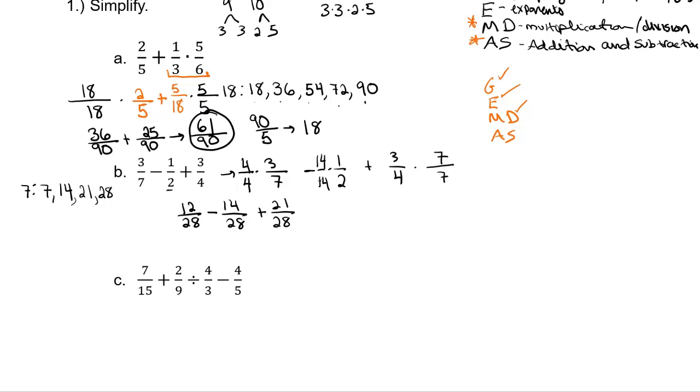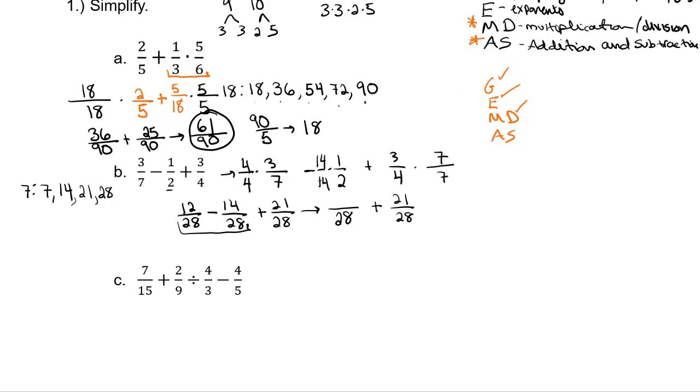Now I follow order of operations to get these combined. So I'm going to still do my line and 28, but I'm going to need a second one because I'm just combining the first two, and then the second one is going along for the ride the first time we do this.